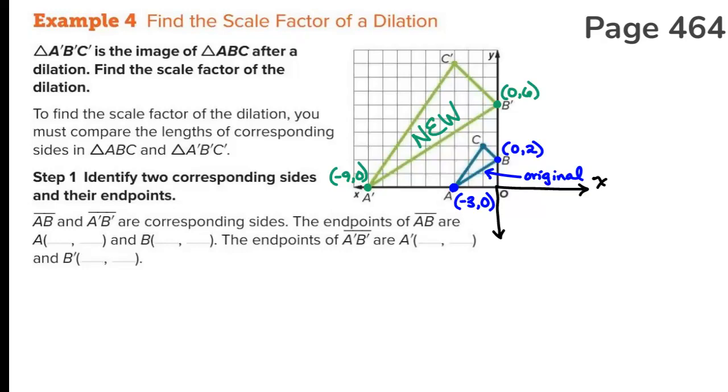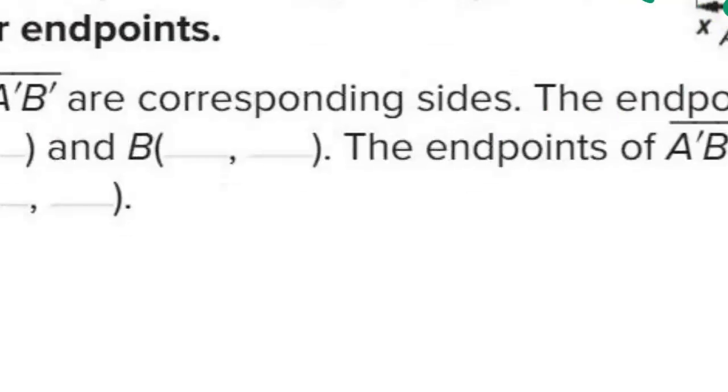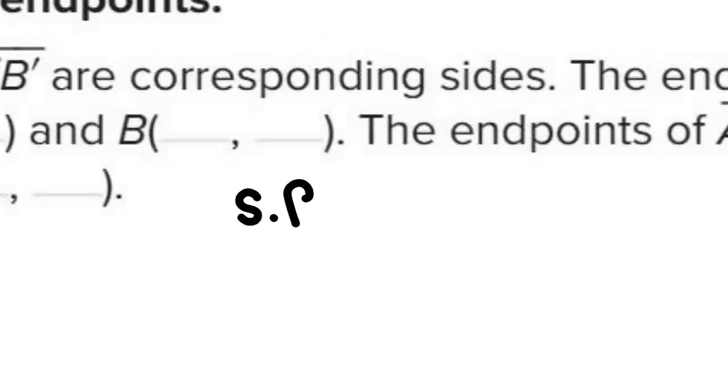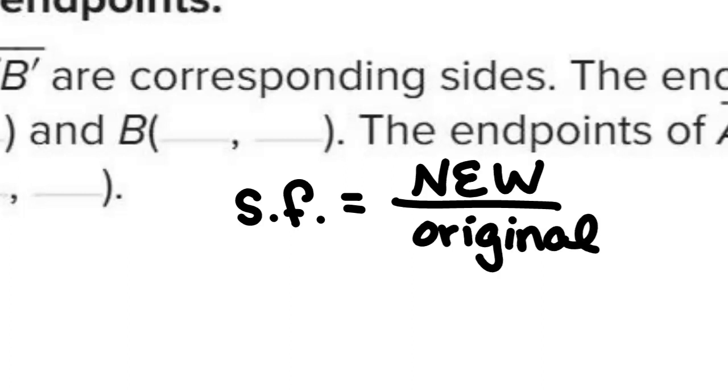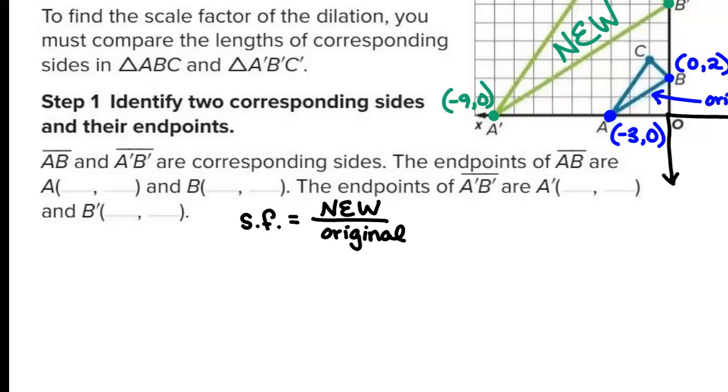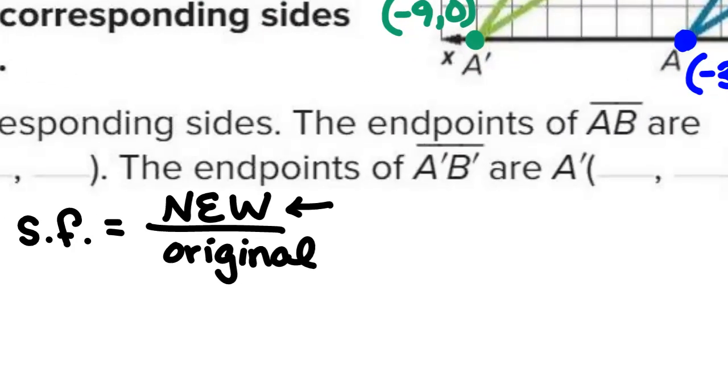To find the scale factor, we do new over original. By the way, I did not like the way your book did this at all. They made it way too long and complicated. So new, a point like A prime, or B prime, or C prime.